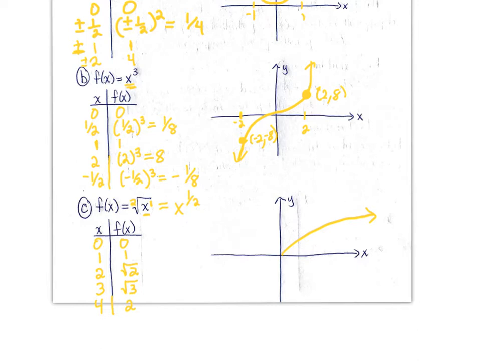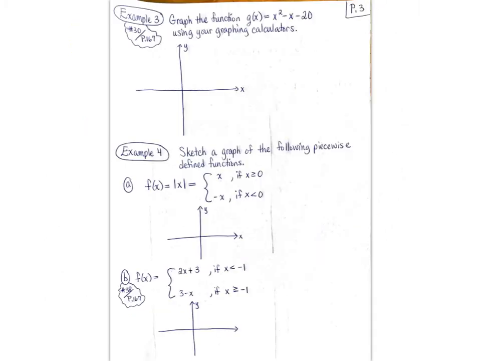Now, you can take out your calculators because the next problem is a calculator problem. Take your function and your graphing calculator, press graph, and enter the function x squared minus x minus 20, and then hit graph.